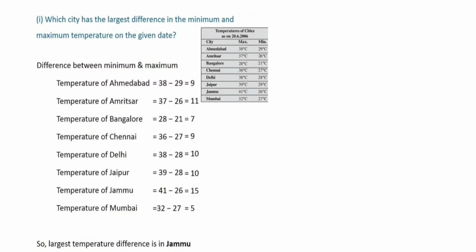We need to calculate the differences: maximum minus minimum. Ahmedabad, 38 minus 29 is 9. Amritsar, 37 minus 26, 11. Bangalore, 28 minus 21, 7, and so on. The largest temperature difference is in Jammu, because the difference is 15.